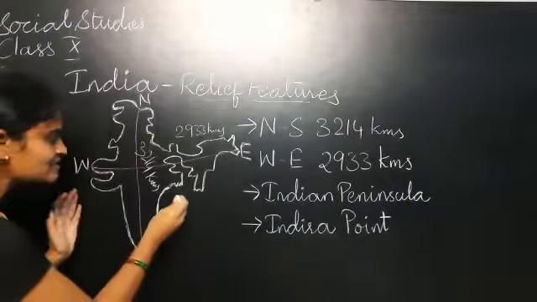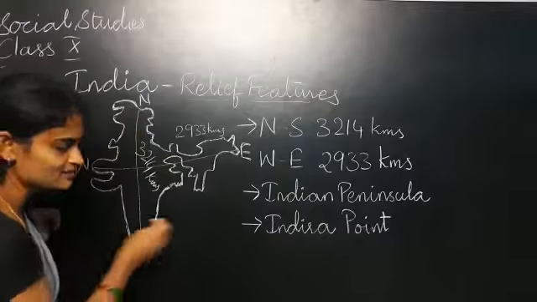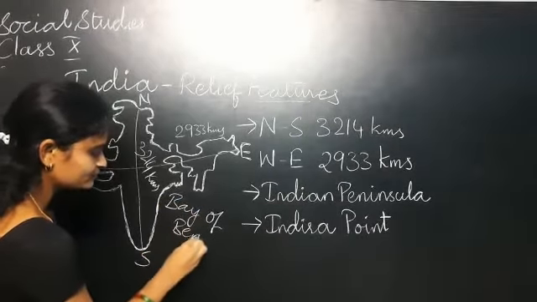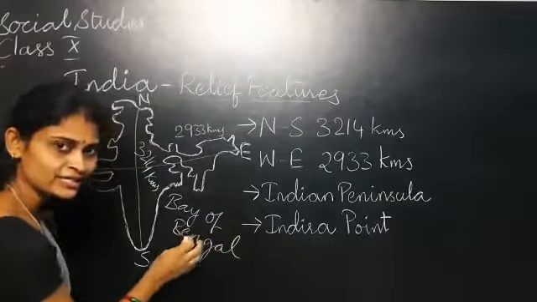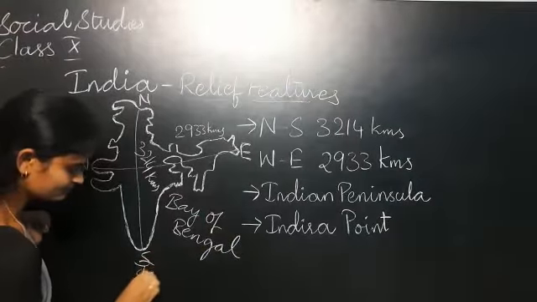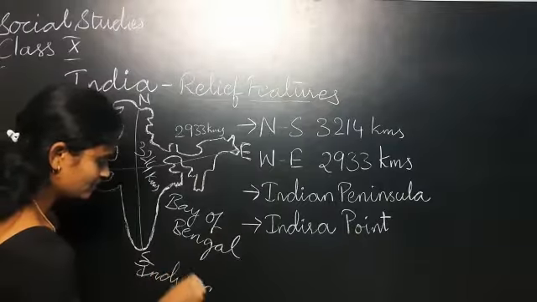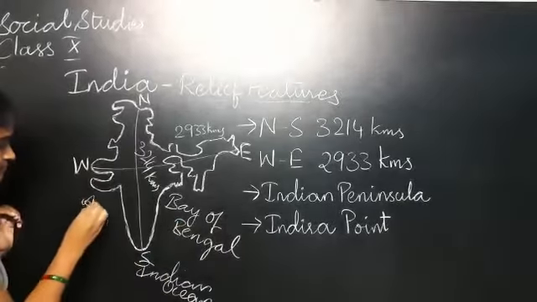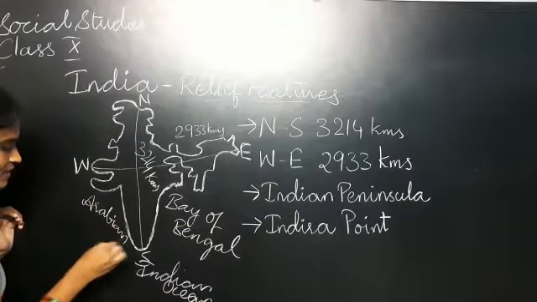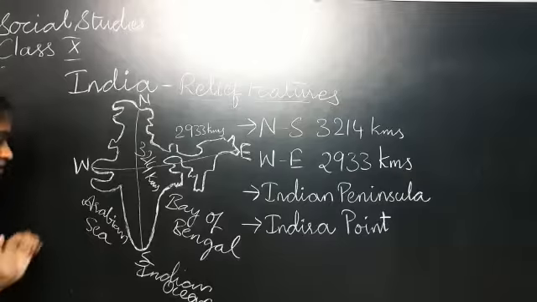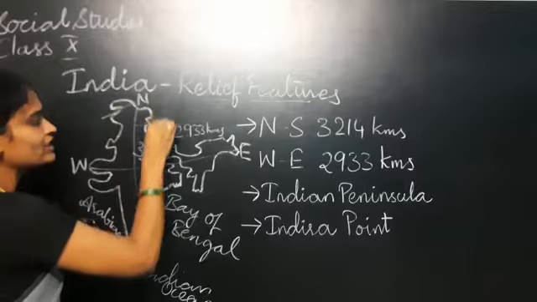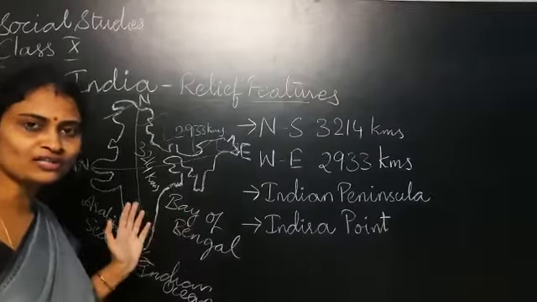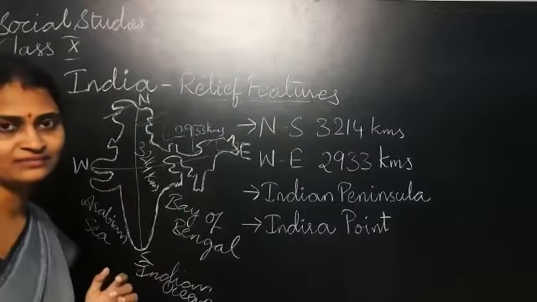Here, India is surrounded by water on three sides: Bay of Bengal on the east, Indian Ocean on the south, Arabian Sea on the west, and the Himalayan mountains on the north. So, we often call this the Indian peninsula.